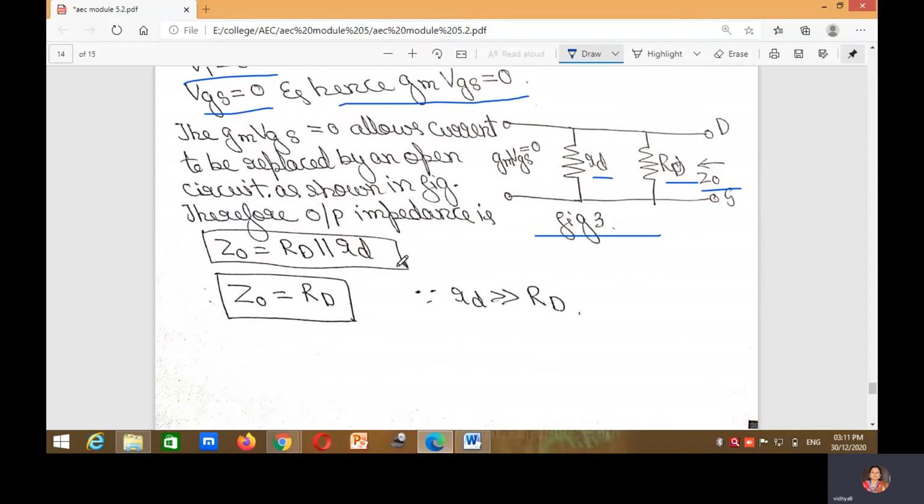If small RD is greater than capital RD, you get Zo equal to capital RD only, that is the drain resistance.